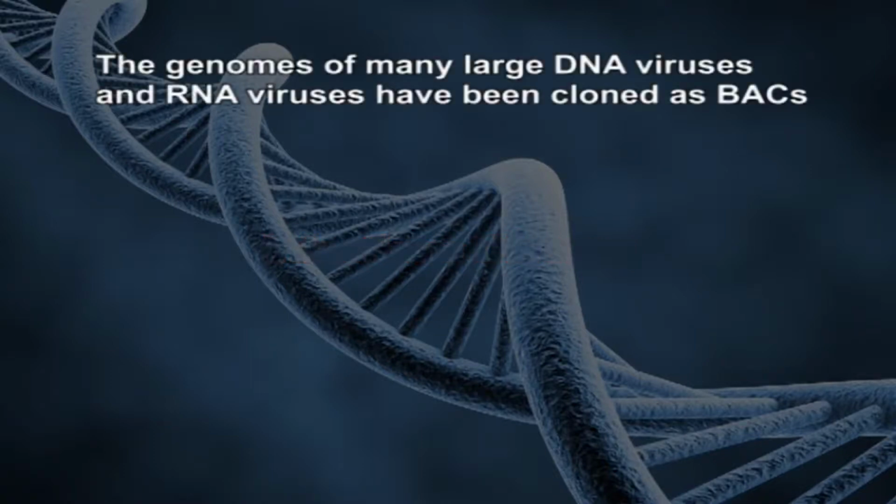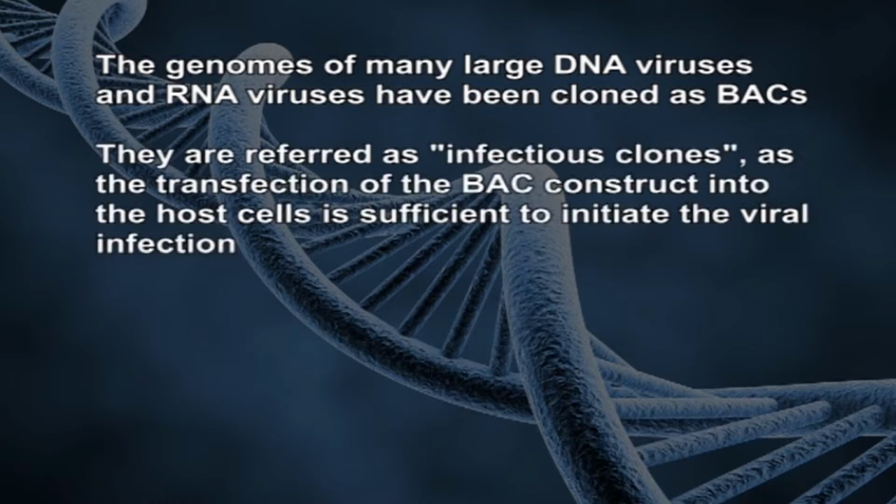The genomes of many large DNA viruses and RNA viruses have been cloned as BACs. They are referred as infectious clones, as the transfection of the BAC construct into the host cells is sufficient to initiate the viral infection.